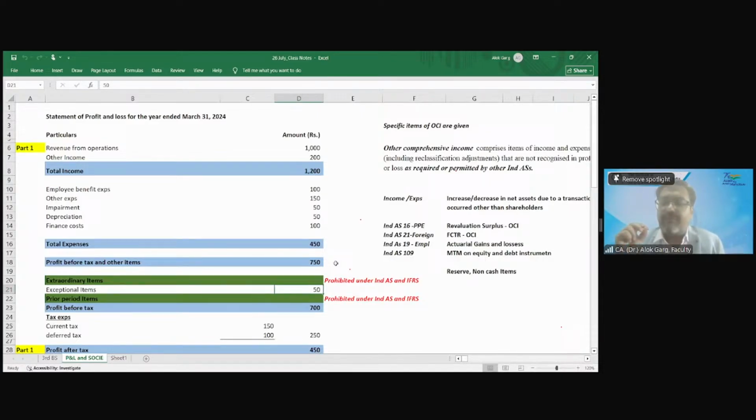If you found that an error had happened 5 years back, you compute the total impact of the error in the current year, from the date of the error till date. And whatever is the impact of the error, you will show that item in the current year P&L as a prior period item.